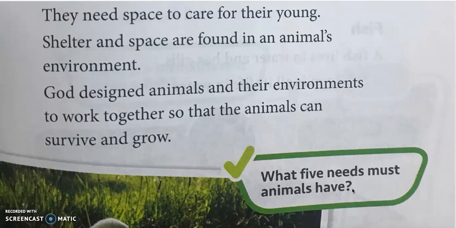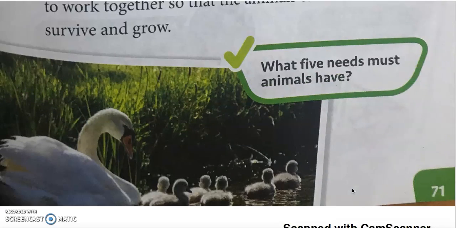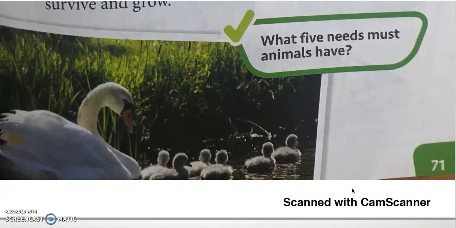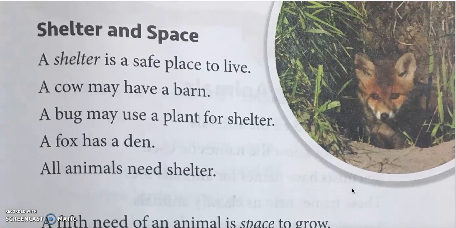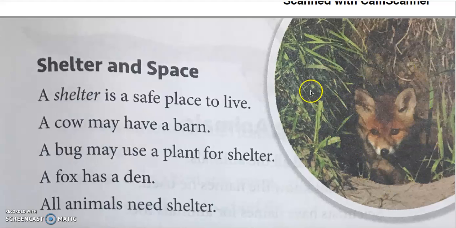Do all animals have the same kind of shelter? No, they do not, right? They don't have the same kind of shelters. So, what are some shelters that animals use? Birds, they need nests. And like here, fox, they have dens, and bears, they have dens.